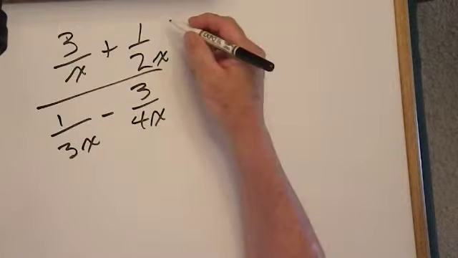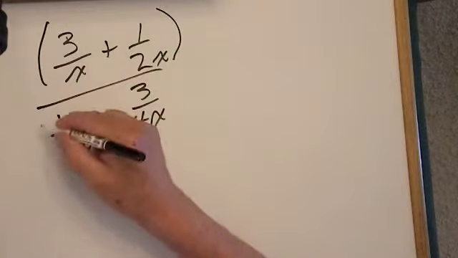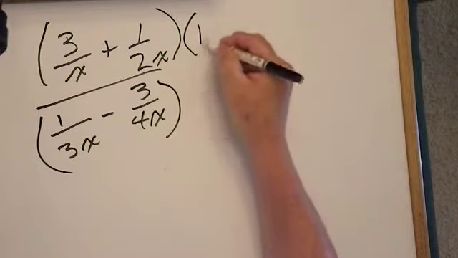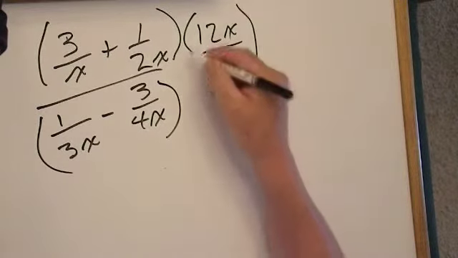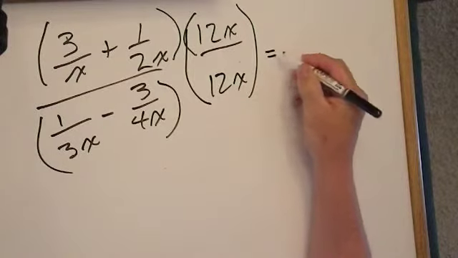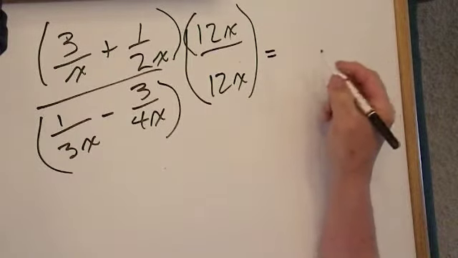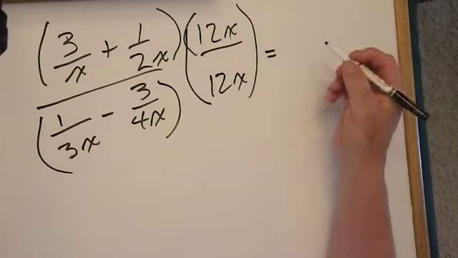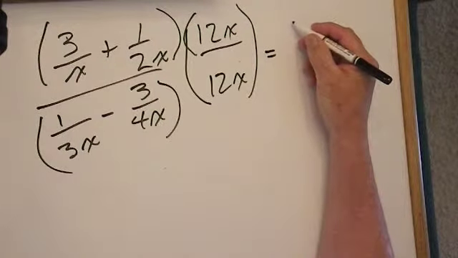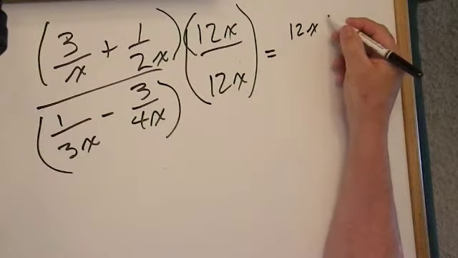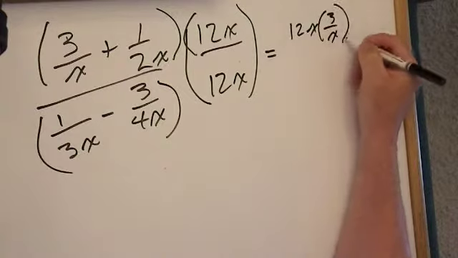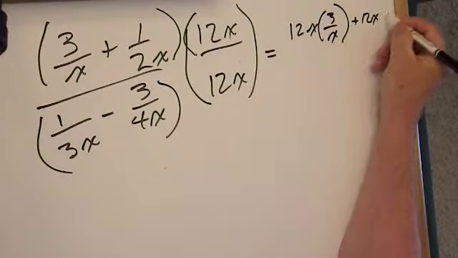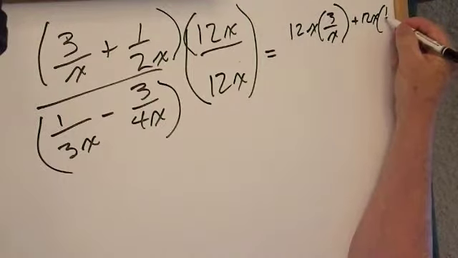We're going to multiply the top and the bottom by 12x over 12x. So we can simplify that a little bit. Take the numerator, multiply it by this numerator. So that's going to be 12x times 3 over x plus 12x times 1 over 2x.